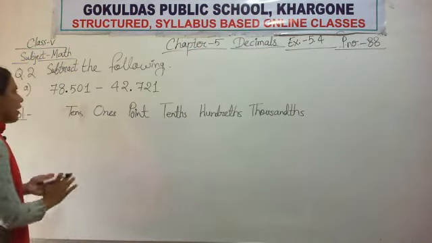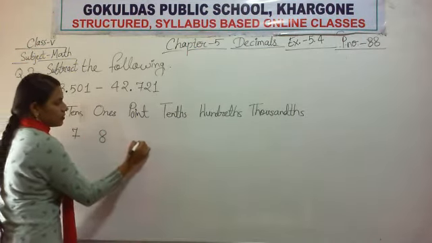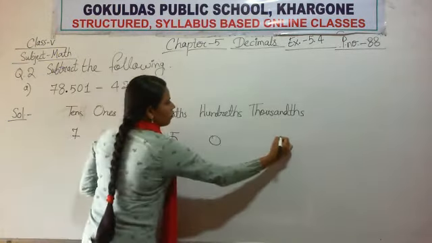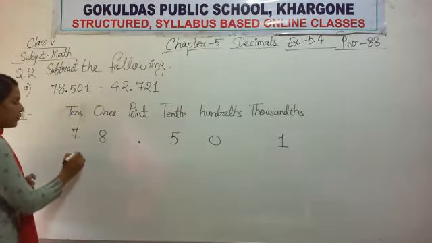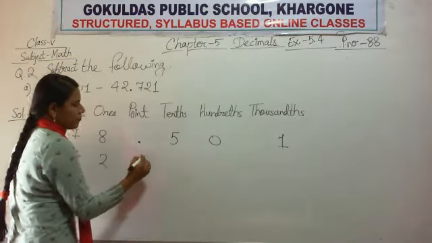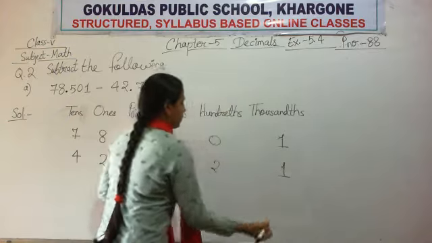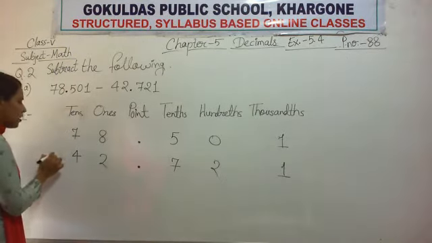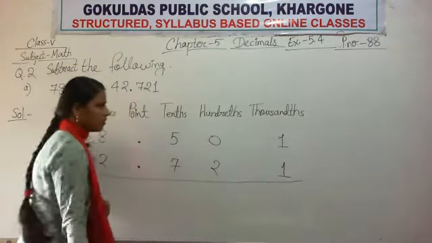Now start writing the numbers according to their place value. 78.501, and the next number is 42.721. Which operation we are doing? Subtraction. So put a minus symbol and now subtract.